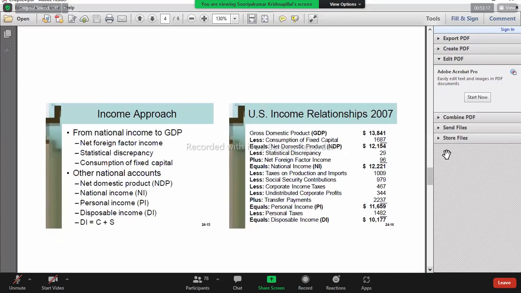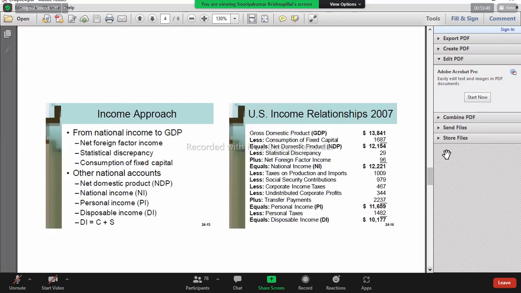Then statistical discrepancy we should add, and consumption of fixed capital also we should add. From national income to calculate GDP, we subtract net foreign factor income, we add statistical discrepancy, and depreciation, consumption of fixed capital, we add.